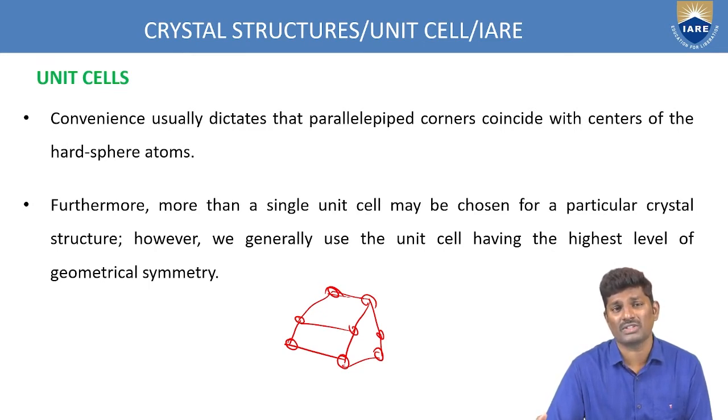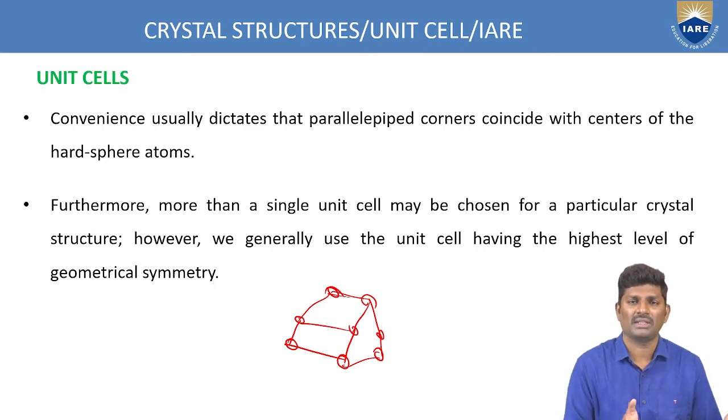Hardness means where there is a strong bond. So if you know the bonding in the unit cell, it is very easy to find out which type of material it is, whether it is a hard material, and where the corners coincide with each other. If you know this, then we can do the repetition and find out the whole structure of the atom.